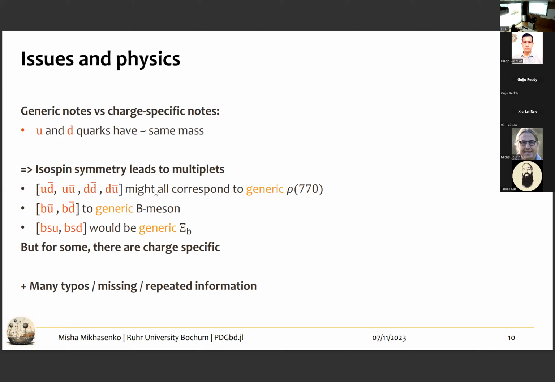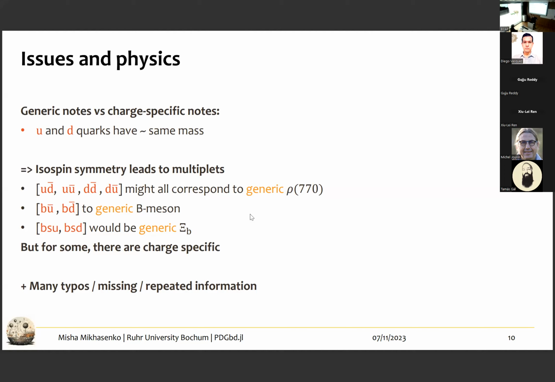In PDG, it's a generic node, but for some of them a charge-specific node also exists, and that makes things rather complex, since for some of them there is only a generic node, for some there is a charge-specific one and no generic one.